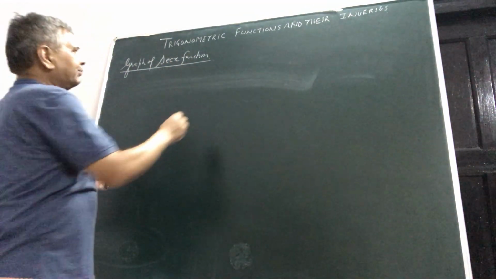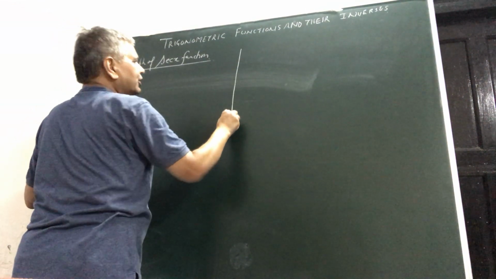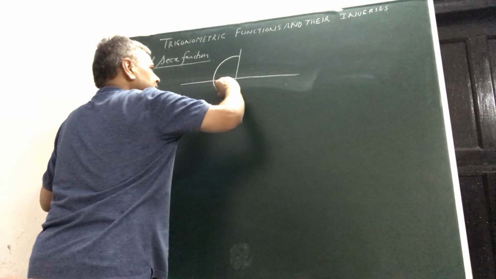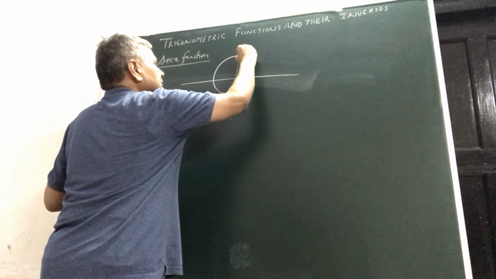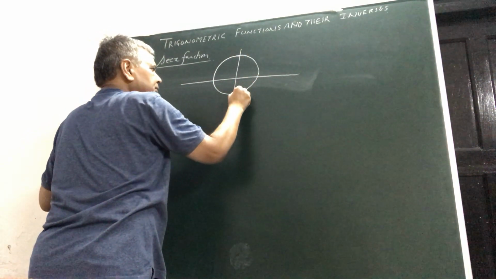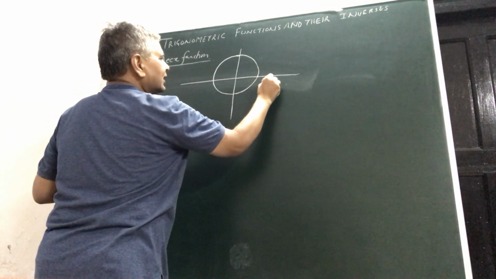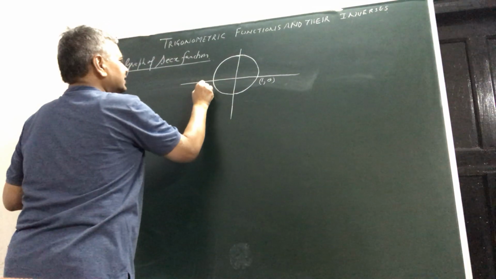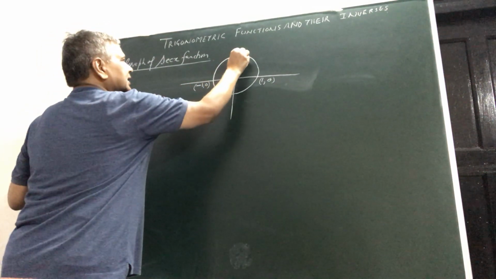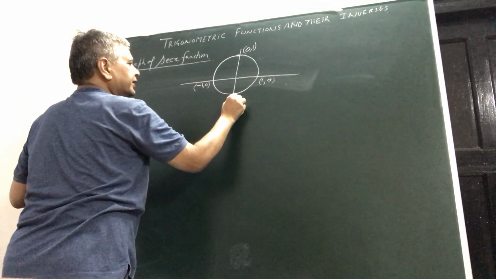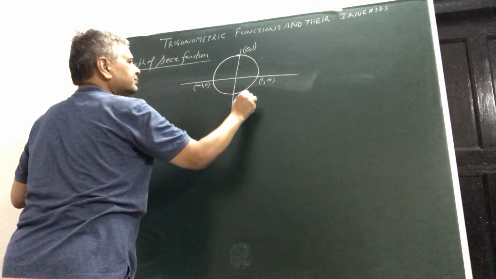So now, for this, I will draw a unit circle. This is my unit circle. The coordinates of these 4 points are well known. This is 1, 0. This is minus 1, 0. This is 0, 1. And for this point, it is 0, minus 1.